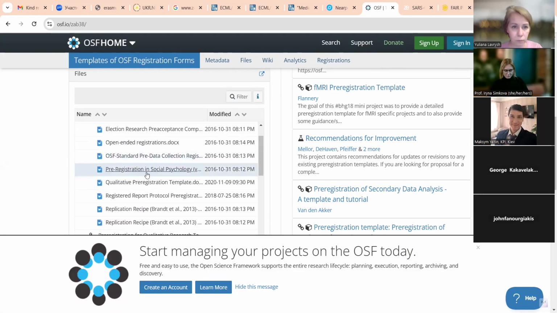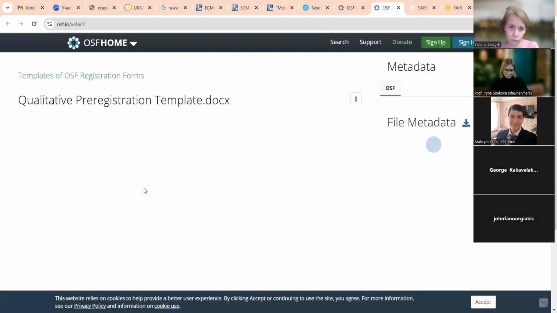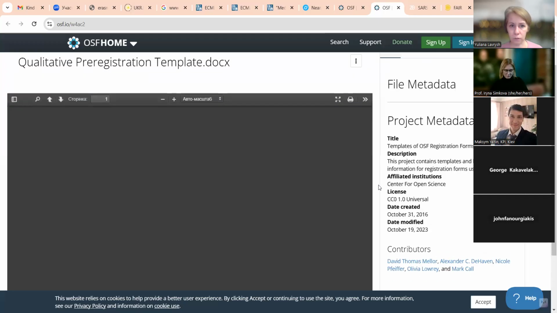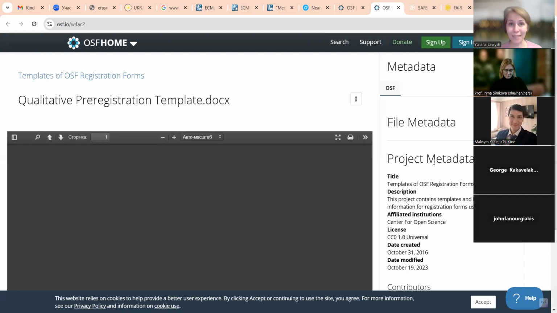We discussed this, yes, the qualitative pre-registration template. While it is uploading, look at this project metadata.